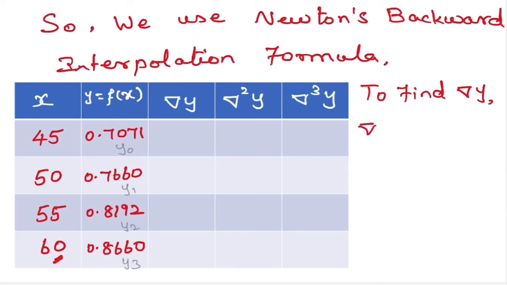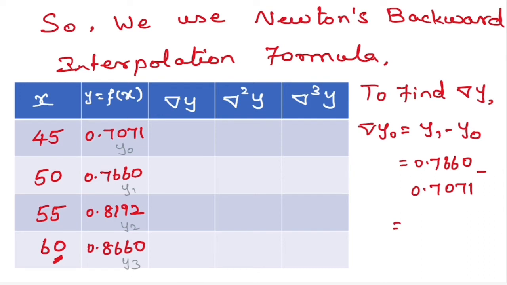So del y0 is equal to y1 minus y0, which is 0.7660 minus 0.7071. The difference of these two is 0.0589.